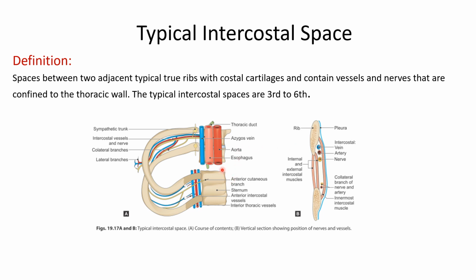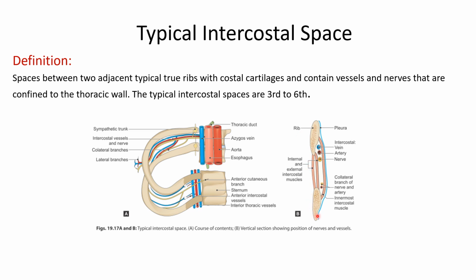In this picture, you can see the intercostal space between the two ribs and their costal cartilages. You can also see the contents of the intercostal space, that is the vein, artery and nerve, and the collateral branches from the vessels and the nerve.